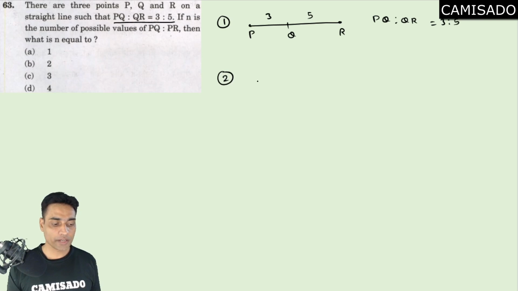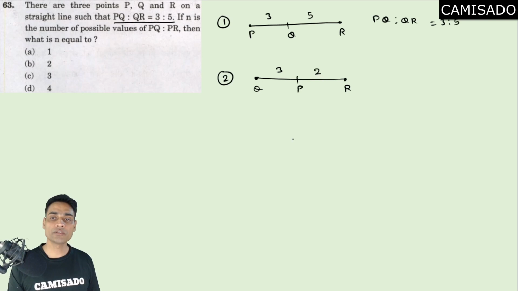Second case: if I take Q here, P here, and R here, then also it is possible. PQ is 3 and QR is 5, so it is 2. In this way also you can get the same ratio. So these two ways are possible. It is saying n is the number of possible values of PQ to PR.